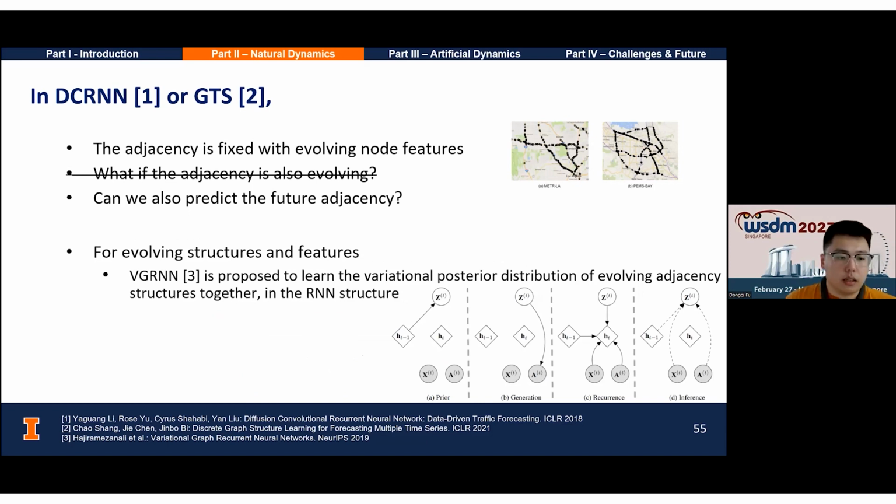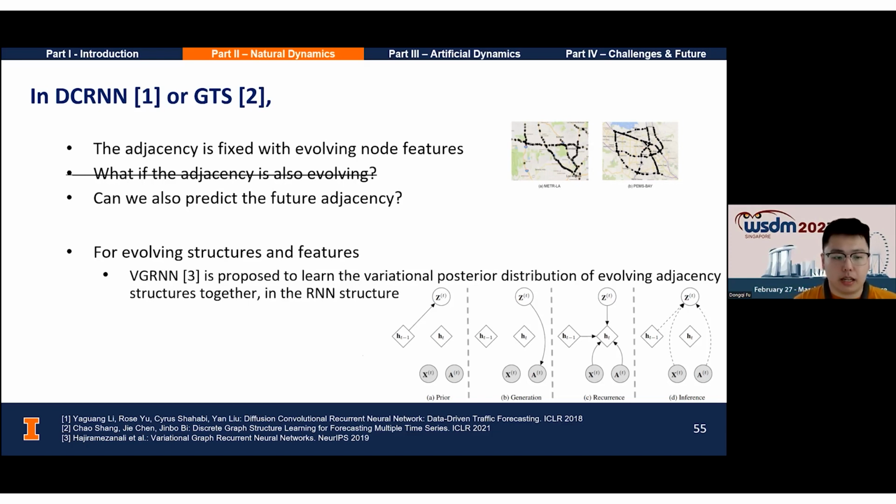So for the evolving structures and features, a recent work called VGRNN is proposed to learn the variational posterior distribution of the evolving adjacency structures together. This model is also encoded in the RNN structure, which means that the latent distribution could infer the adjacency matrix in the future.